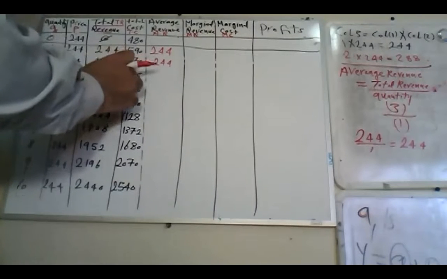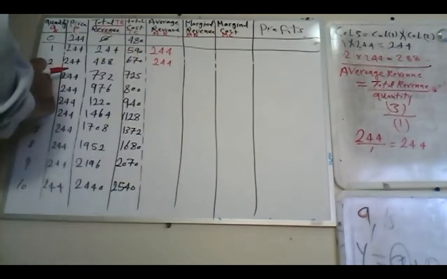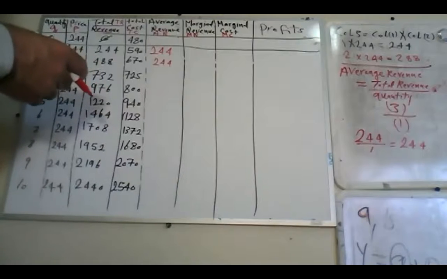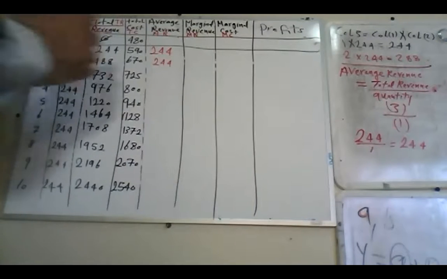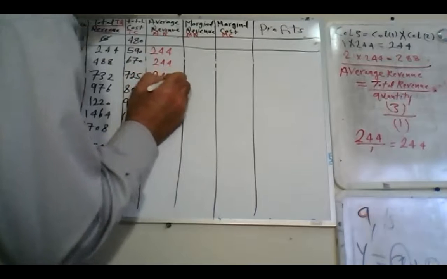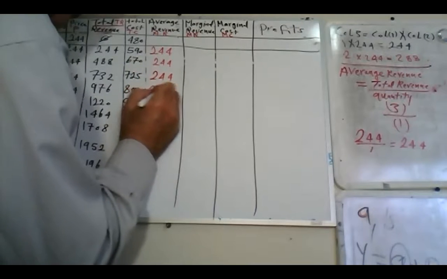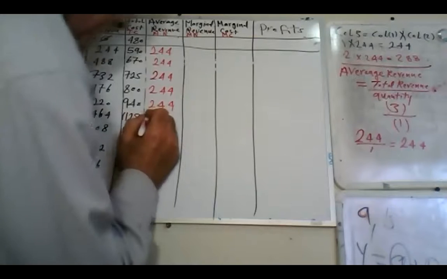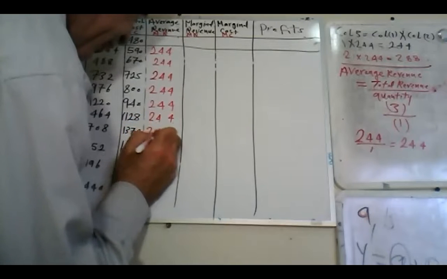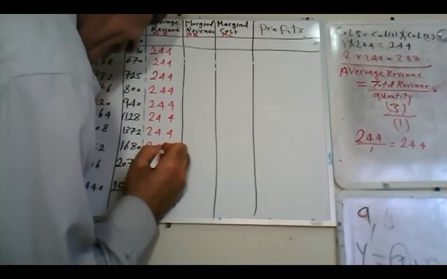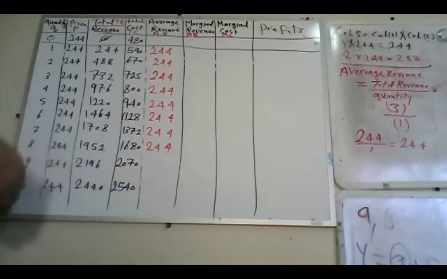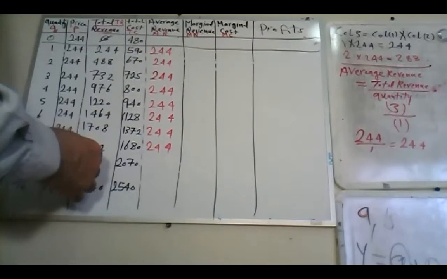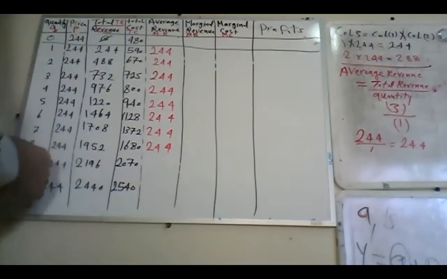Because 732 divided by 3 also gives me 244. So in this whole column, the average revenue will be 244, the same all the way to the end, because you are dividing the total revenue by the quantity at any level.